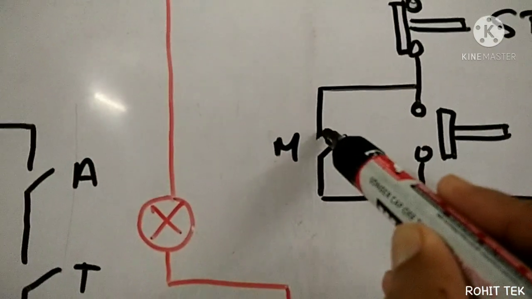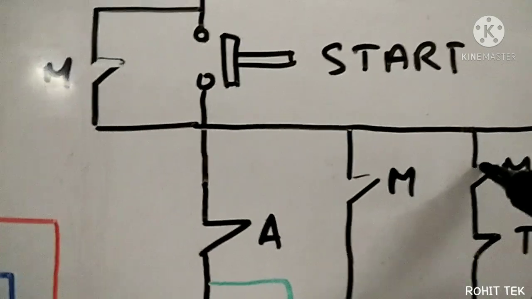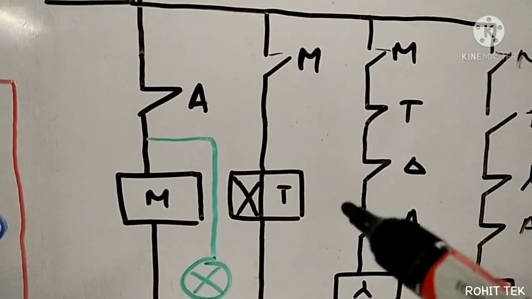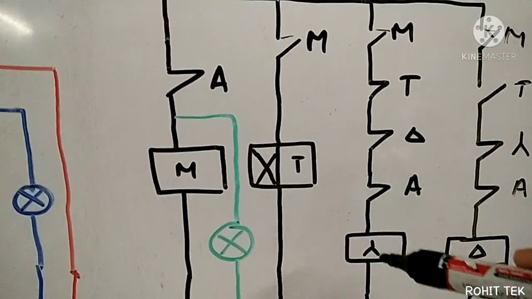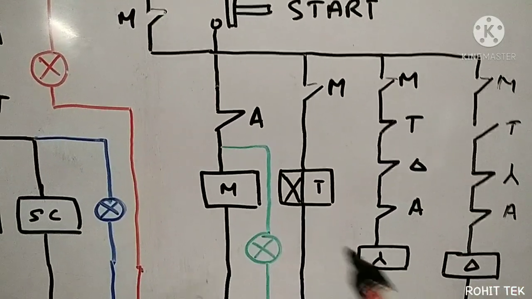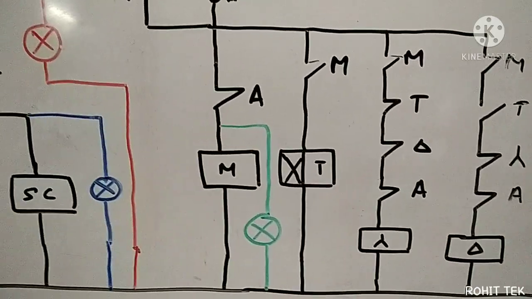This will become NC, this will become NC, this will become NC, this will become NC. Okay, and what will happen? The timer will get energized and this Y contactor will get energized. Means see, both the main contactor and Y contactor get energized simultaneously.